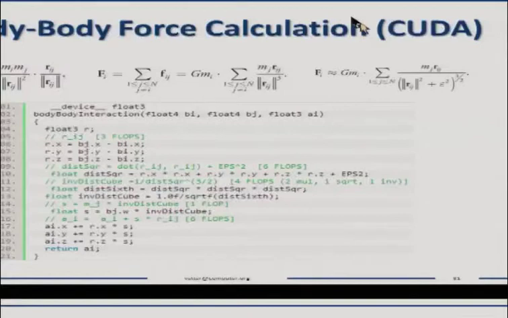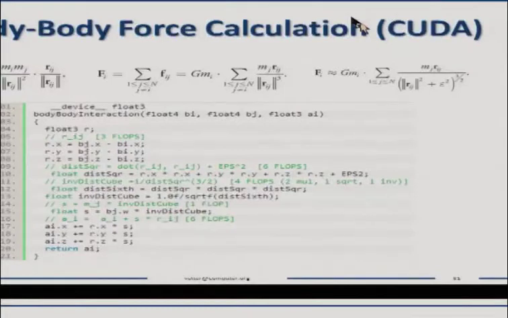And then basically updating your velocities with that. And that's just the body-body interaction. And remember, that's only about 21 flops or 24, right? We could count them up, but it's not very many, and it depends on how you use square roots and inverses in that calculation. That's really the kernel of your computation.